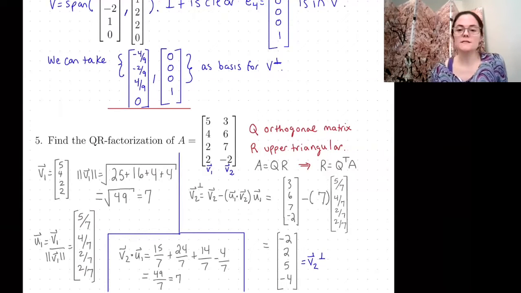But the question is always then, how do you find R, which is this upper triangular matrix with positive entries along the diagonal? So you can either memorize what goes into the entries and fill in R as you go. That's one way.